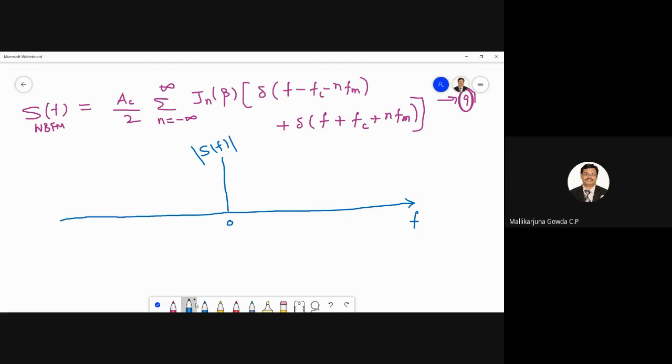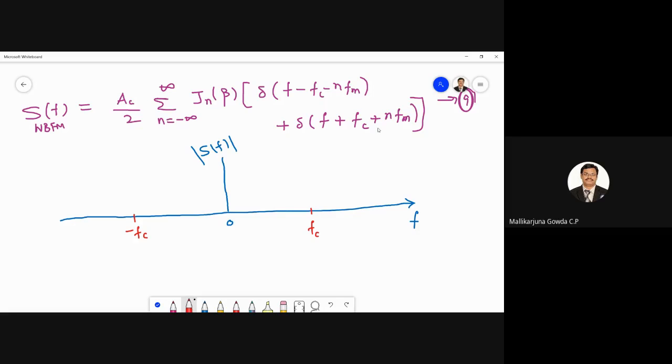Let us just mark the FC, and this side is minus FC. So looking at this one, delta of f minus FC minus nFM, then another one is delta of f plus FC plus nFM.